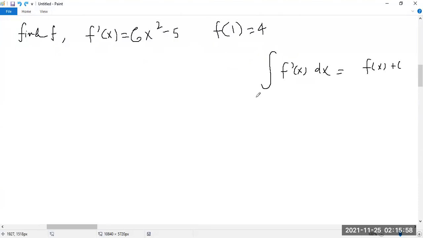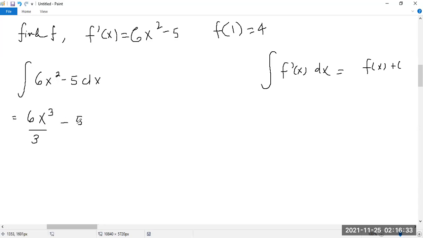So again, if we take the antiderivative of the derivative, then we will get the original function. So we're actually given the derivative, right? It's 6x squared minus 5 dx. So if we solve this, we ignore the constant, and then we add 1 to the exponent and divide by that new exponent.